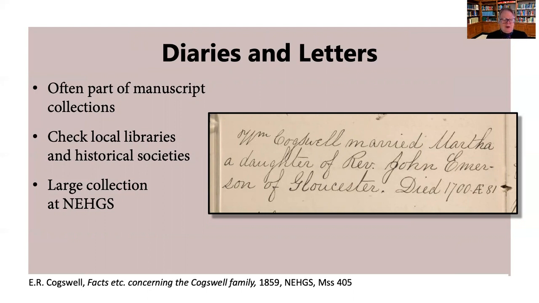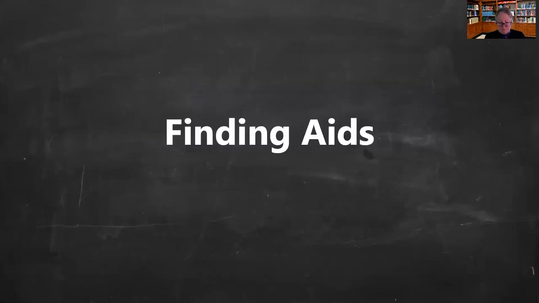Here we have the diary of E.R. Cogswell, and he notes that William Cogswell married Martha, a daughter of Reverend John Emerson of Gloucester. And William died in 1700 at age 81. So we are seeing the recording and the memories of Mr. E.R. Cogswell, but useful if there's no other source for the maiden name.